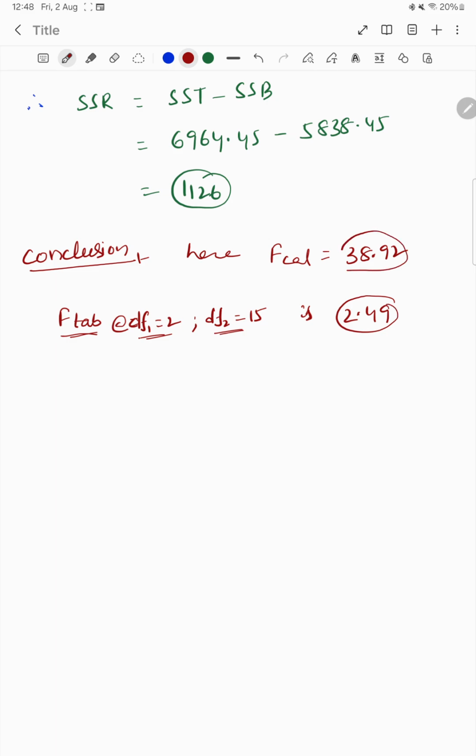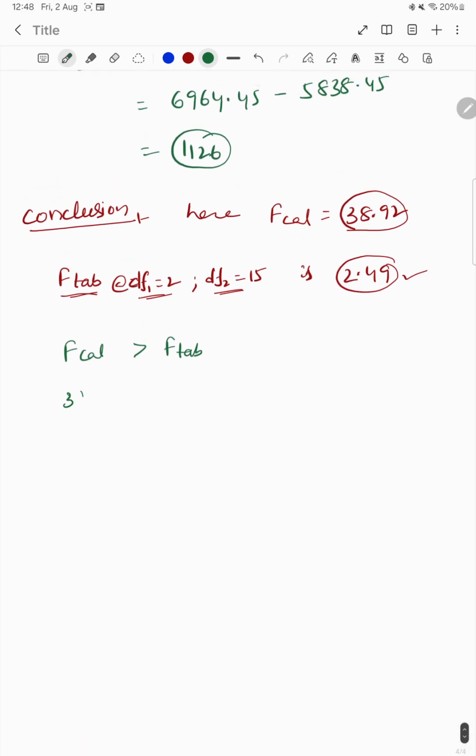So our calculated value is this, table value is this. Here our F cal is greater than F tab, that is 38.92 is greater than 2.49.